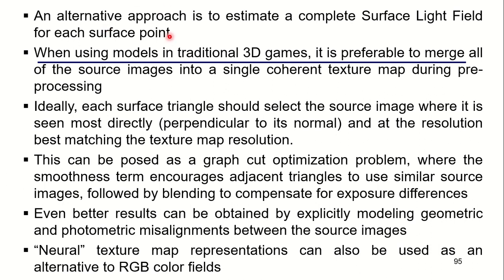An alternative approach is to estimate a complete surface light field for each surface point. When using models in traditional 3D games, it is preferable to merge all of the source images into a single coherent texture map during the pre-processing.